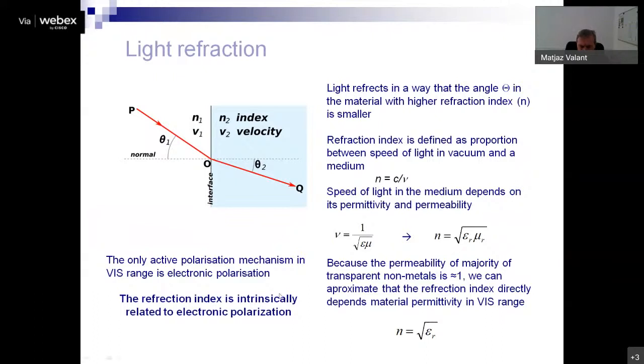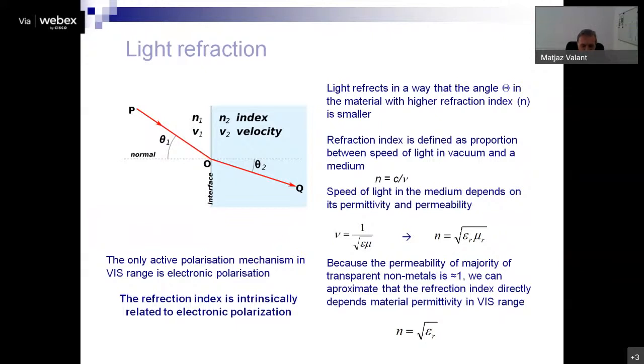But just for now, for this understanding, I would briefly say that permittivity is a consequence of polarization in a material, which is caused by some external field. In our case, the external electromagnetic field, which is basically the light. Now, in the frequency range of visible light, the only active polarization mechanism is electronic polarization.